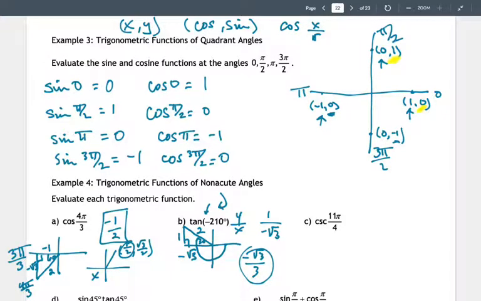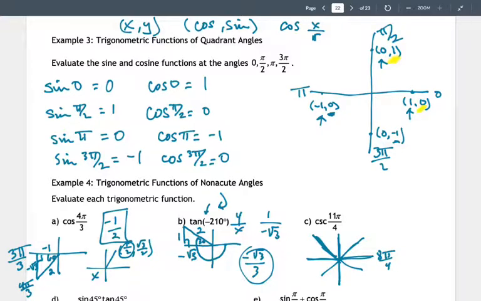All right, 11 pi over 4. This is 1 pi over 4, 2, 3, 4 pi over 4, 5 pi over 4, 6 pi over 4, 7 pi over 4, 8 pi over 4. So here we're at 8 pi over 4, and then this is 9 pi over 4, 10 pi over 4. So this right here would be our 11 pi over 4.